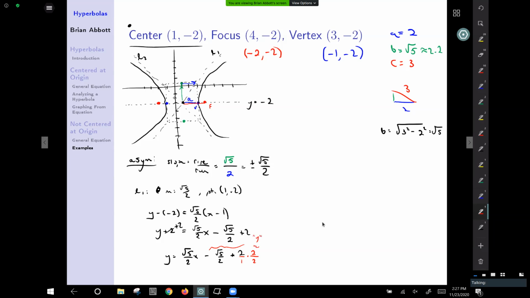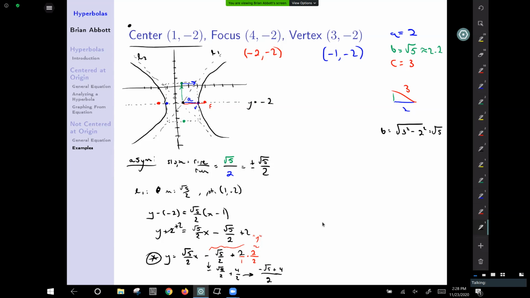And so what do you get? Neglecting to rewrite the rest of the problem, but not neglecting to keep track of the sign: negative root 5 over 2 plus 4 over 2. Well, my new denominator would be 2, and I would combine my tops: negative root 5 plus 4. And since root 5 is a gross number, we're just going to leave it like that.